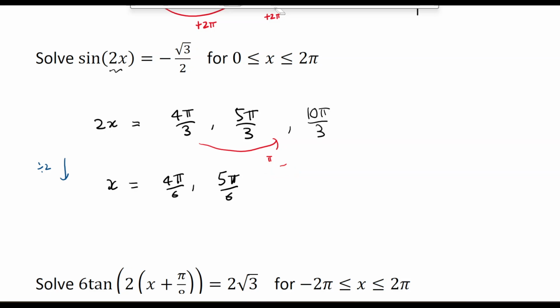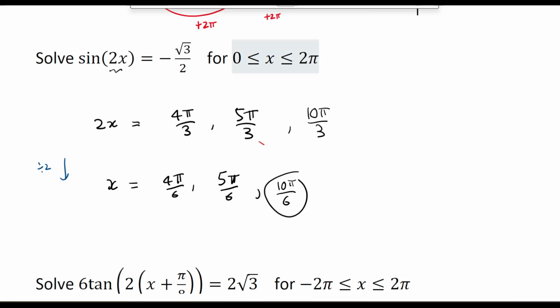Now, normally what we'd sort of do is say, oh, well, that's too big. But when we do this next step and we divide by 2, what you get is 10 pi over 6, which all of a sudden is not too big. That's less than 2 pi. So we actually do keep this point.